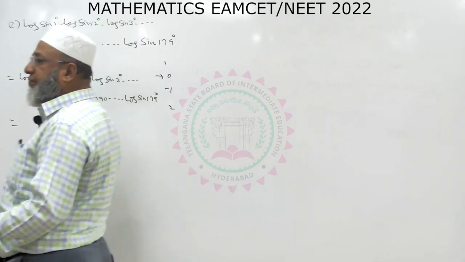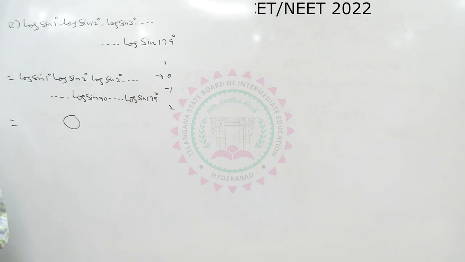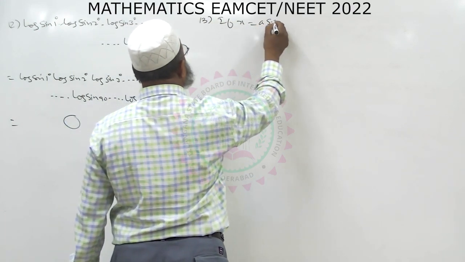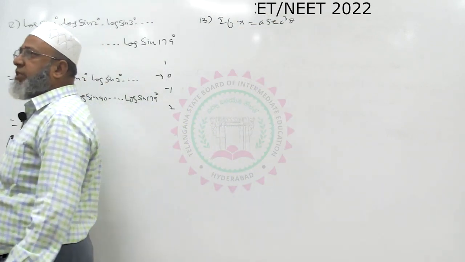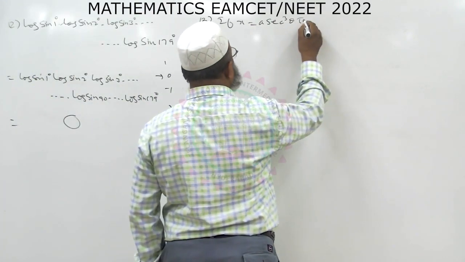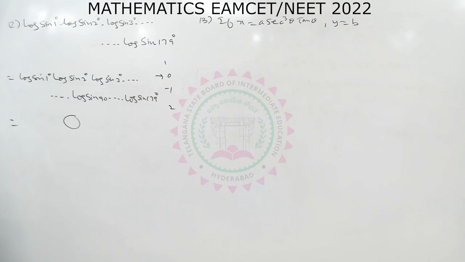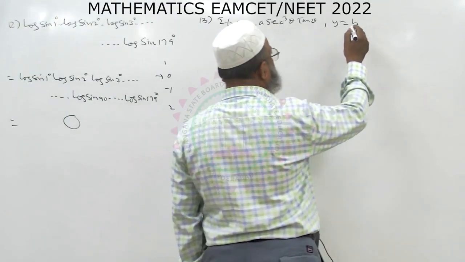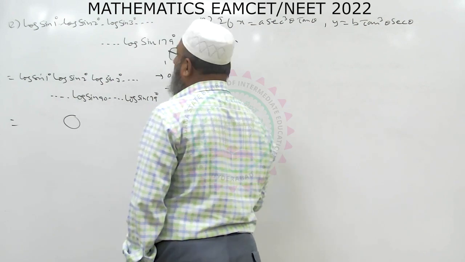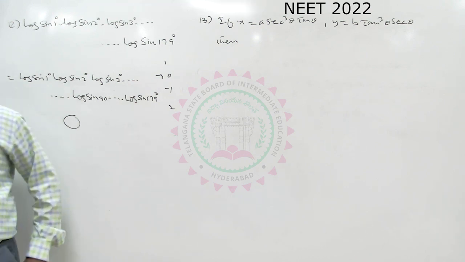Next, if x is equal to a sec cube theta tan theta, y is equal to b tan cube theta sec theta, then sin square theta is equal to.